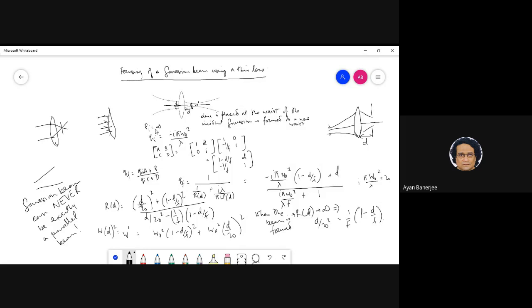There cannot be any mention of rays here, because they are a very different class of entities altogether. This is a Gaussian beam, not that. So then from here, you will get a condition. What is the D that we get from here? Very simply, can you tell me?